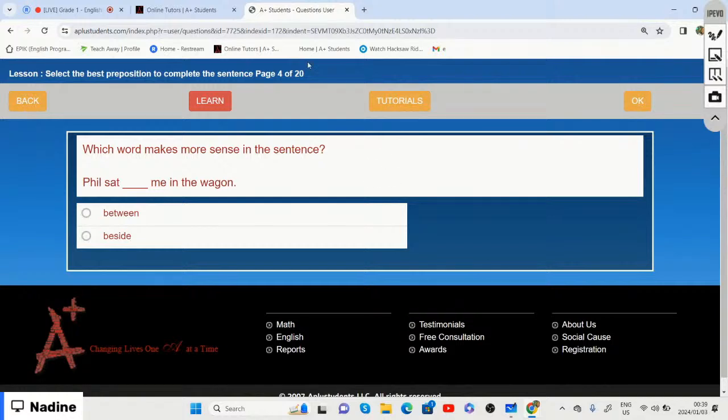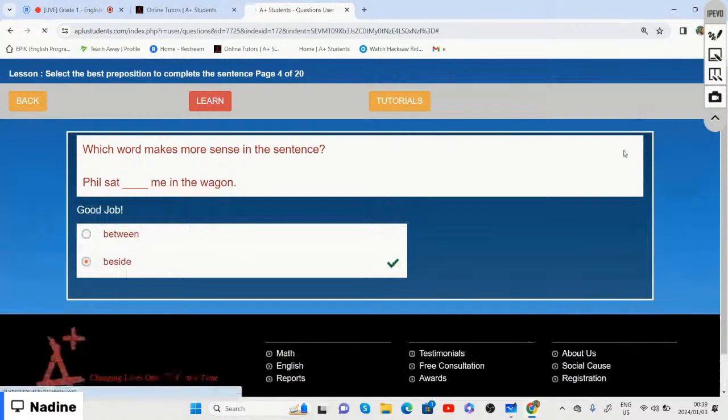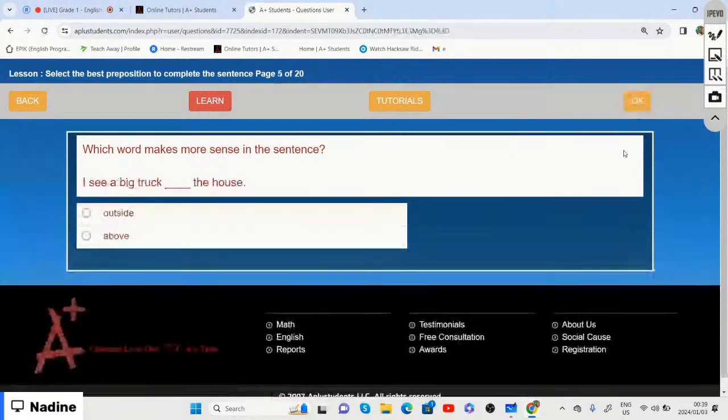All right, so we can say beside me in the wagon. Because if we say between, then it needs to be between something or another person. So two people or two things.